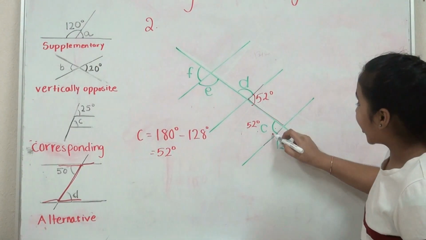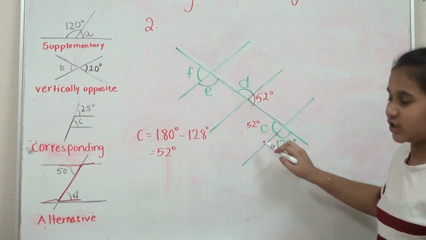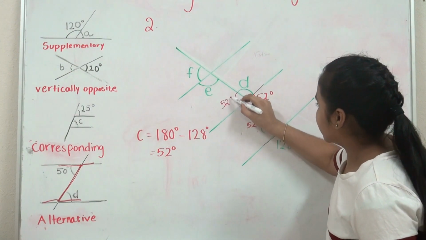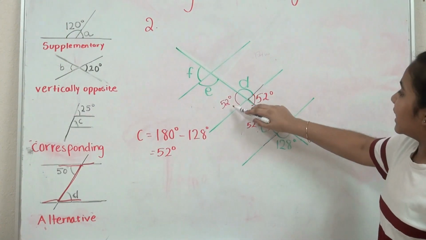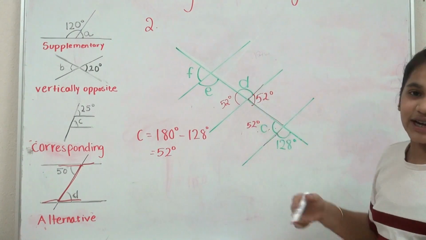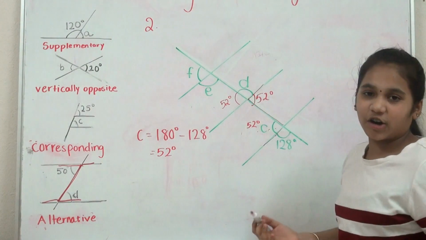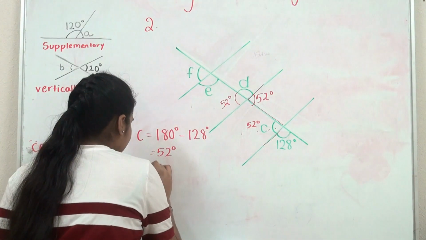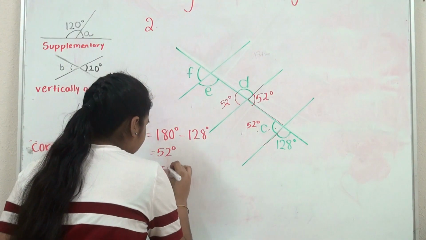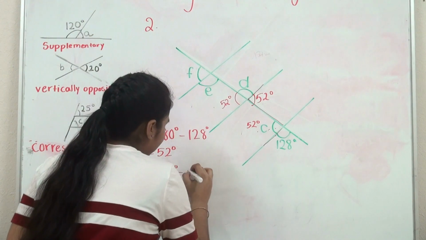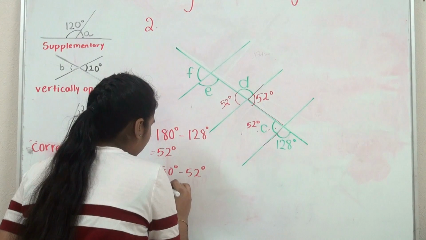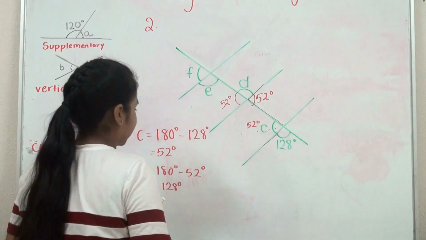So if this angle, C, is 52, this angle would also be 52 degrees. We can subtract it to find D. So both ways are correct. So D is equal to 180 degrees minus 52 degrees, which is equal to 128 degrees.